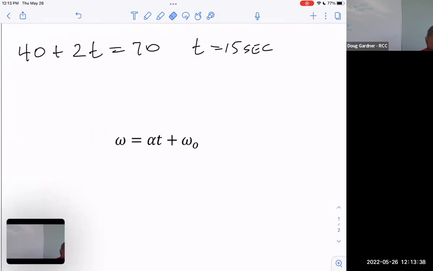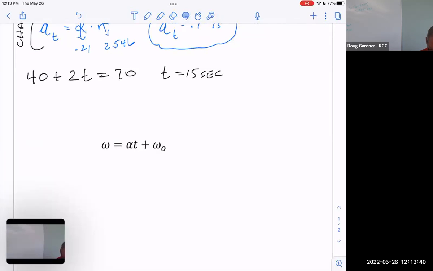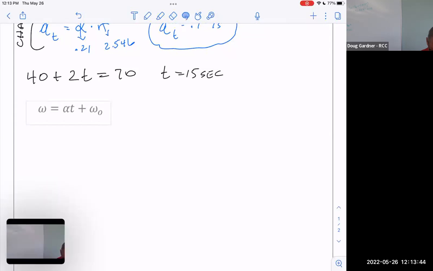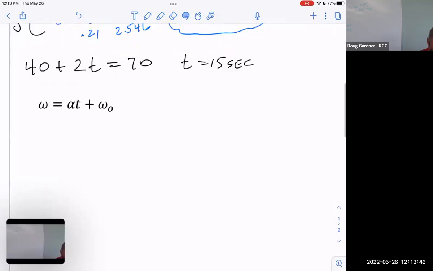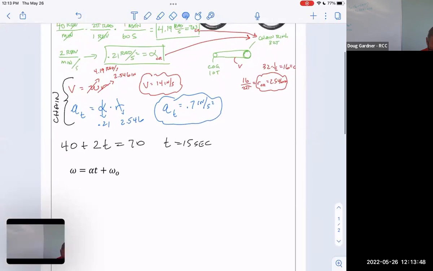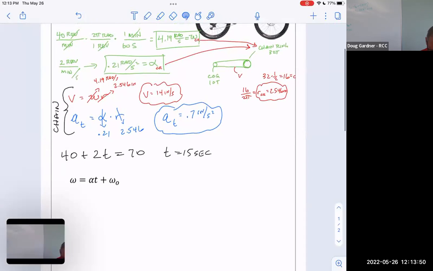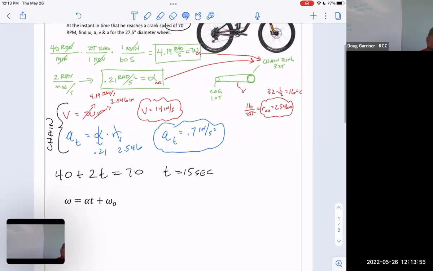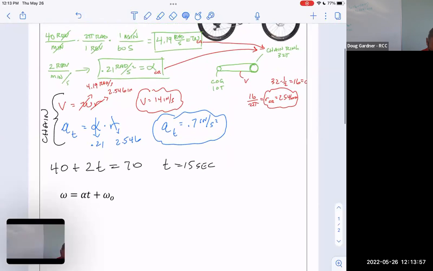So let's see, I knew my initial angular speed, and I find this hard. Because he was going 40, his initial angular speed was 4.19. Do you agree with that?